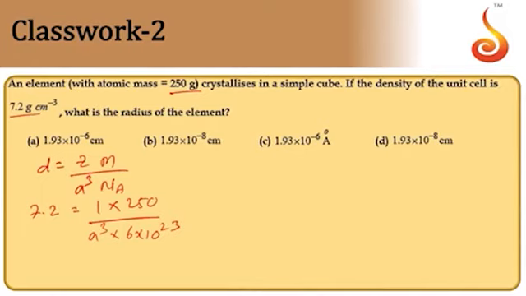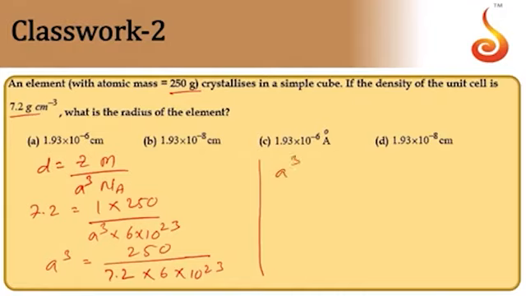Now a cube is equal to 250 divided by 7.2 into Avogadro's number. On simplification, a cube value comes to 5.76 into 10 to the power of minus 23. So cube root of that, finally the value of a is equal to 3.86 into 10 to the power of minus 8.